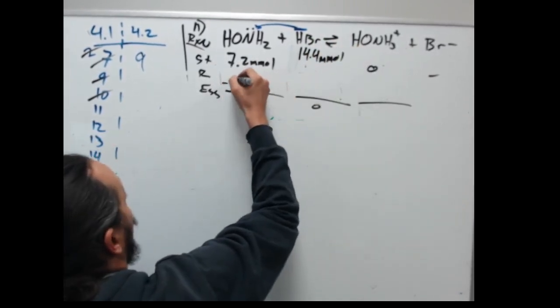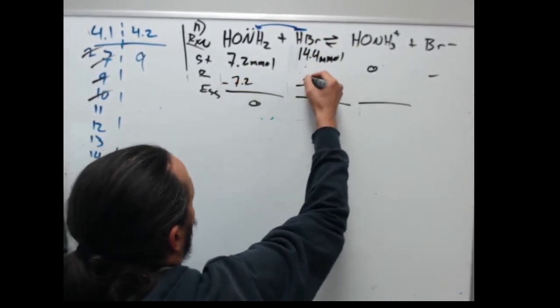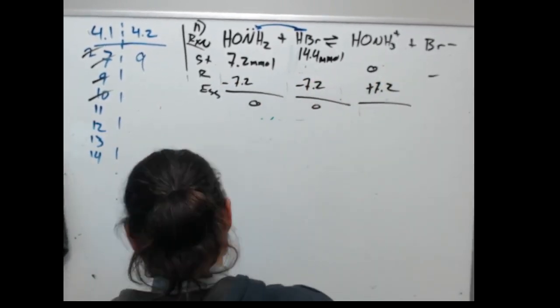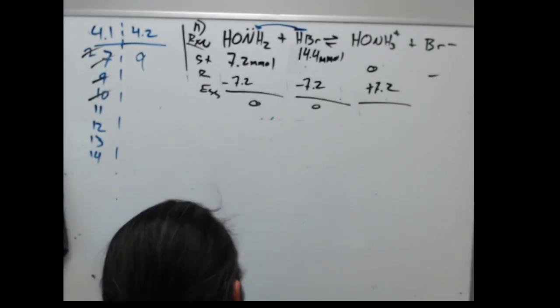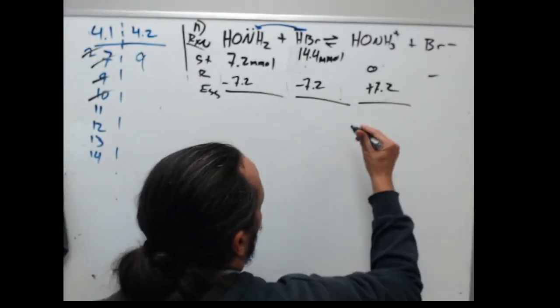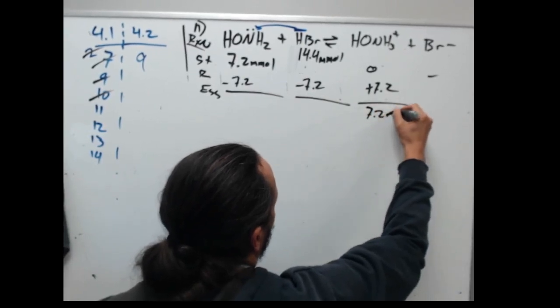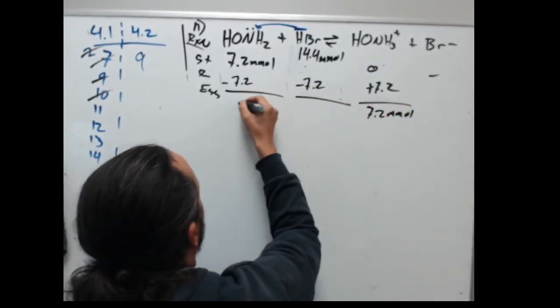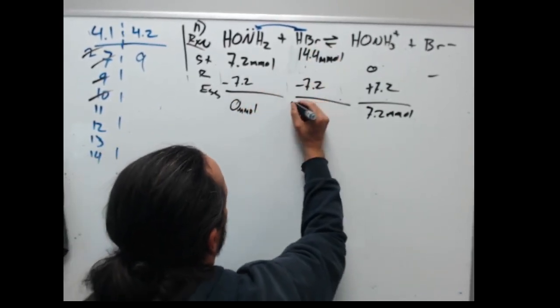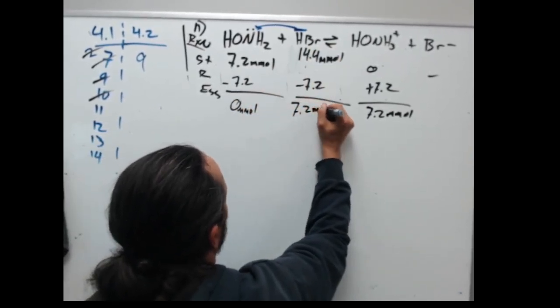So we do minus 7.2, minus 7.2, plus 7.2. This becomes 7.2 millimoles. This becomes 0 millimoles, and our HBr is 7.2 millimoles left over.